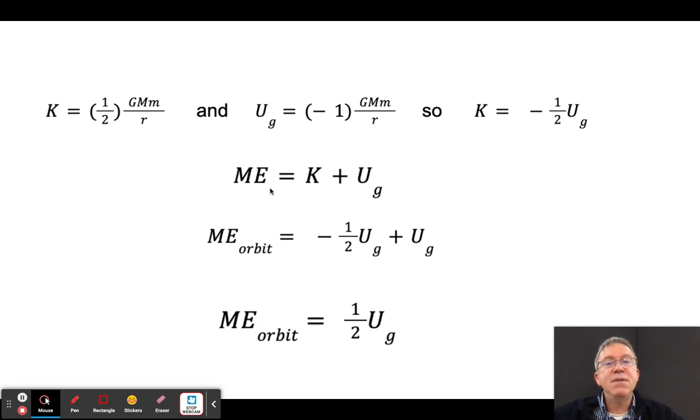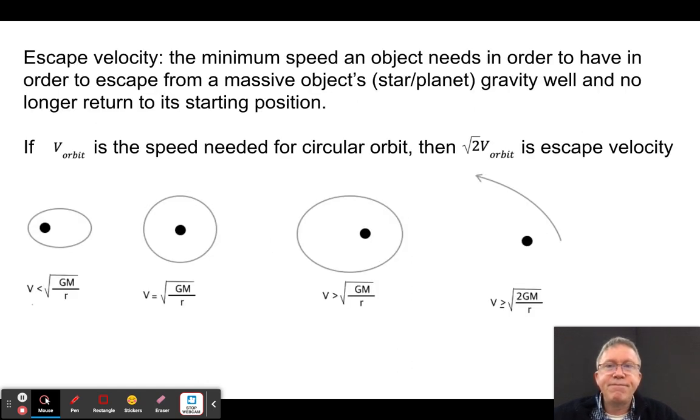So if ME is K plus UG, then ME of an object in orbit is negative 1/2 UG plus UG, which gives me 1/2 UG. What that tells me is the mechanical energy of an object in circular orbit is equal to 1/2 of its absolute potential energy, which is just kind of a cool, beautiful thing.